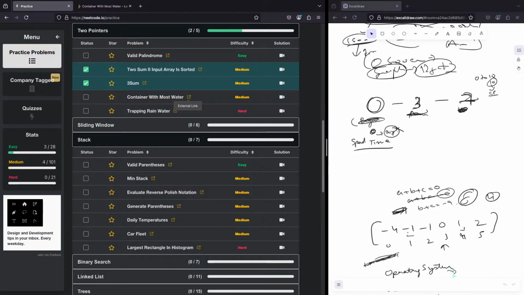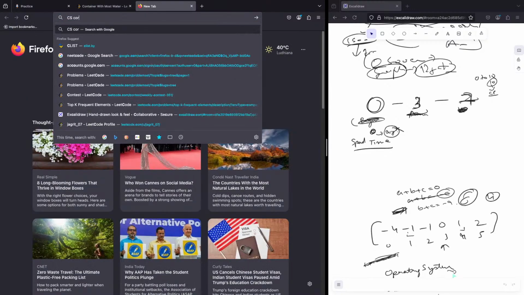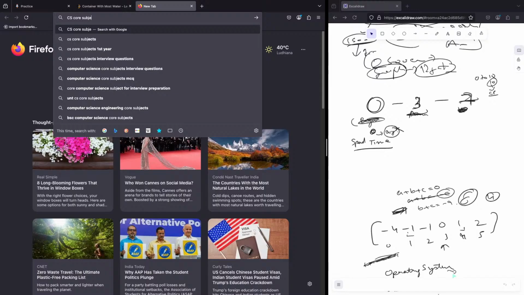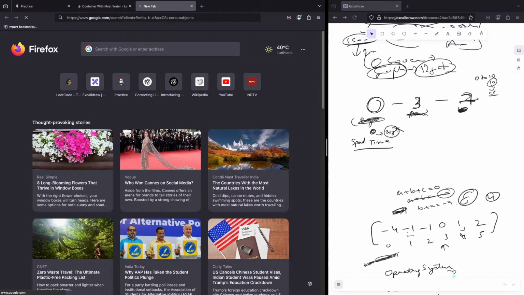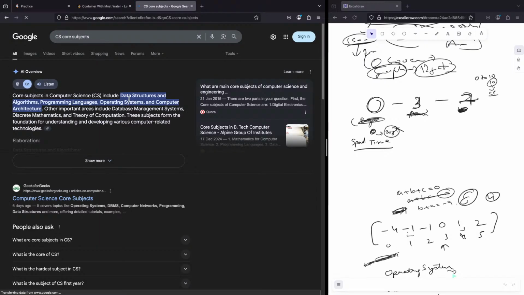There is one more that I'm forgetting. CS core subjects: data structures, programming language, computer architecture is also important, but that's not like core. Yeah, core is this only: operating system, DBMS, computer network. Yes, it is important.